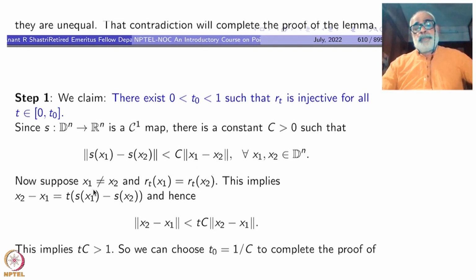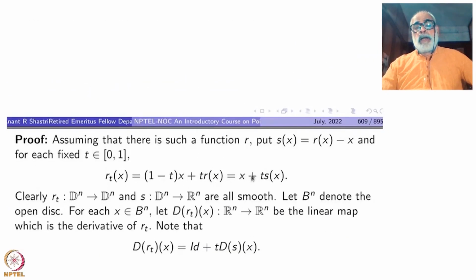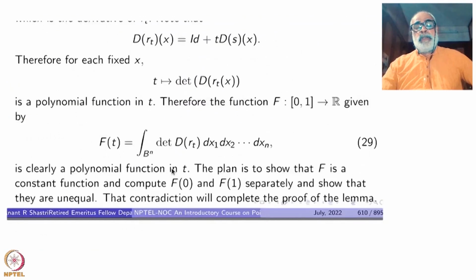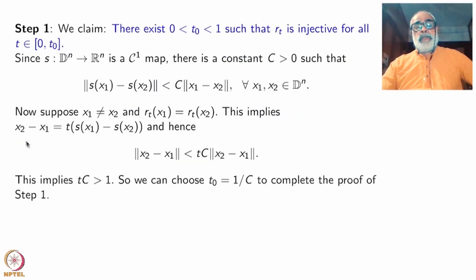Now suppose x1 is not equal to x2 and Rt of x1 equals Rt of x2. Remember, we have this formula, right? Rt is x plus t times Sx. Now that will imply that x2 minus x1 is equal to t times Sx1 minus Sx2, because Rt of x1 is equal to Rt of x2.